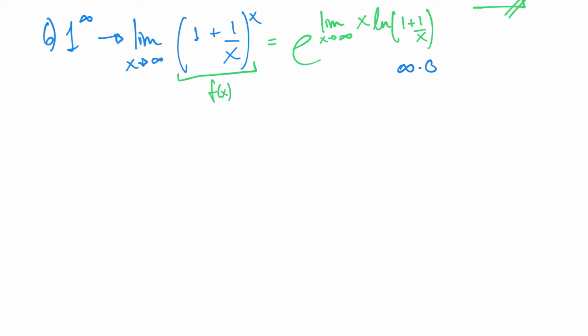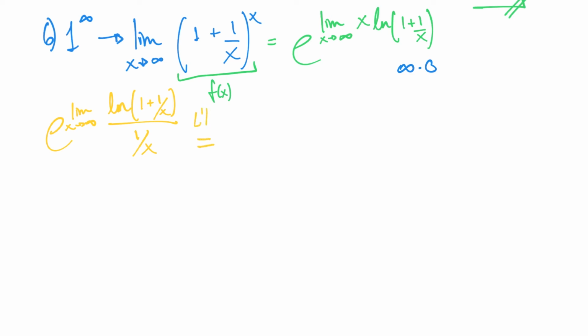But as we just did, we're going to rewrite this in a specific way. So I have e, and then I'm going to have natural log of 1 plus 1 over x divided by 1 over x. And now we realize that we have a 0 over 0.